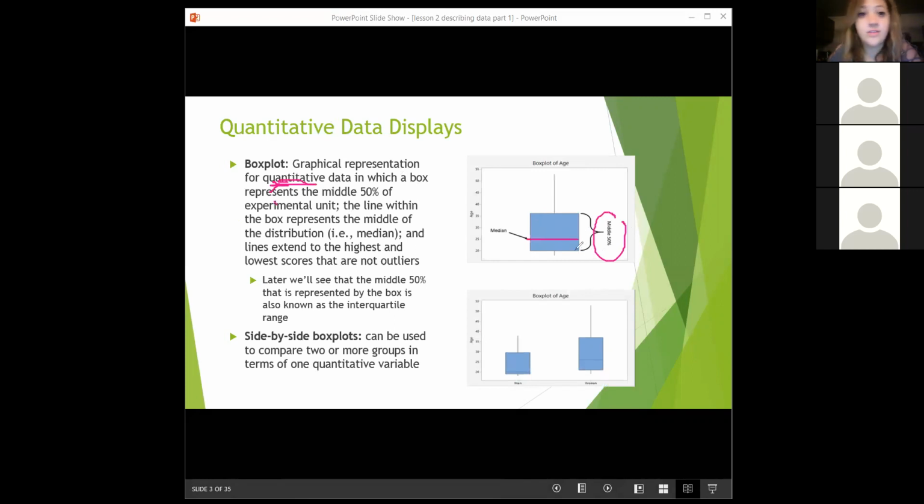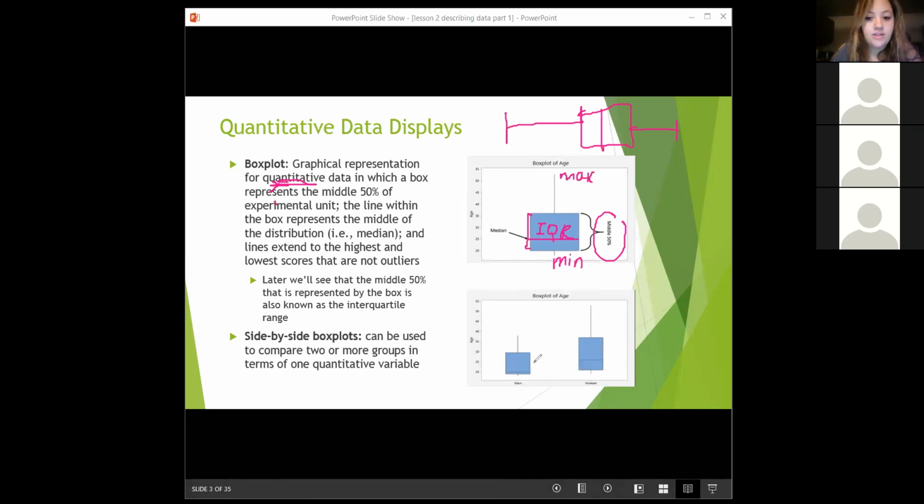Oh my gosh, I've never drawn such a straight line. Proud. And then we just have our max and our min. And we also will talk about how this is our IQR, this 50% here. You can also draw a box plot, and I'll show you later something like this. It could be horizontal too, so it doesn't matter.